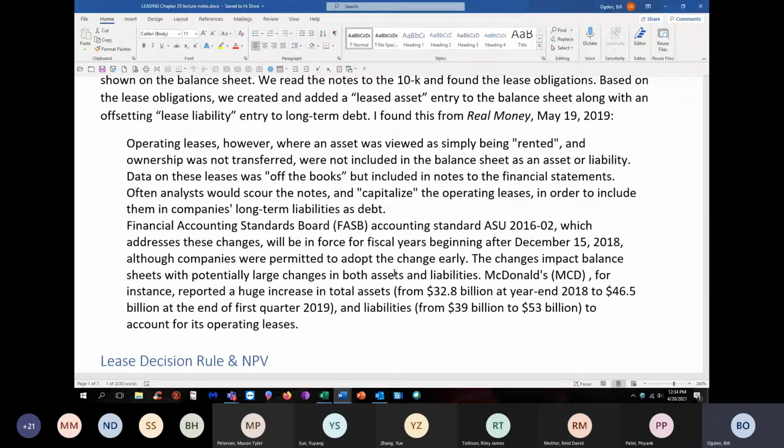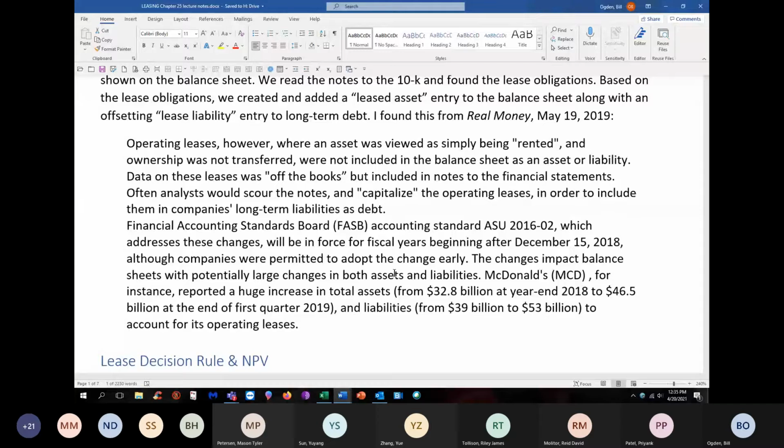And that's what we found. Data on these leases was off the books, but included in the notes in the financial statements. Any analyst that was doing a thorough job would scour the notes, capitalize these operating leases in order to include them in the company's long-term liabilities as debt.